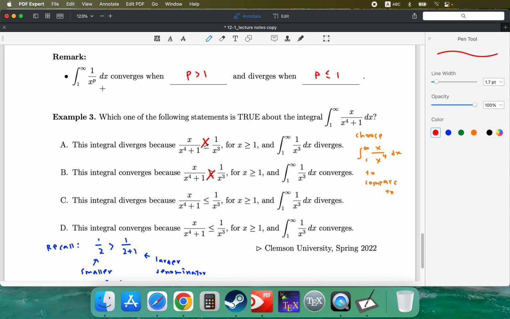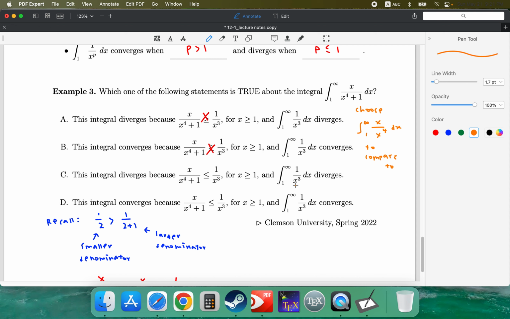Since p equals 3 is greater than 1, the integral converges by the remark. So that means we have to choose D.